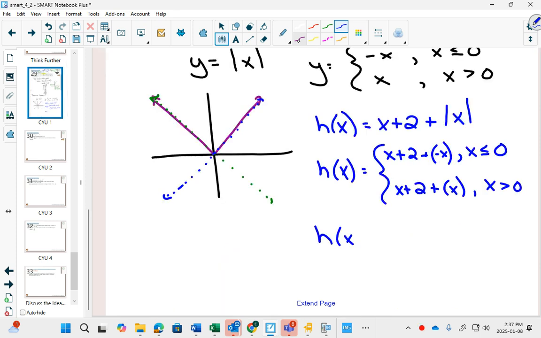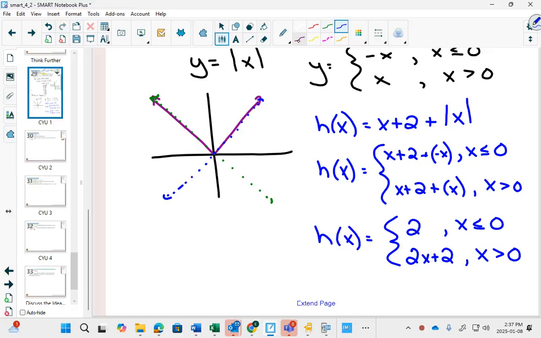Simplifying this gives us just 2. Did we not just see on our final graph that we had just a flat straight line at 2? When x was less than or equal to 0?